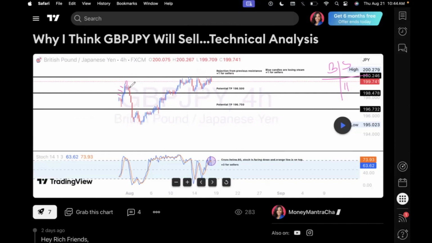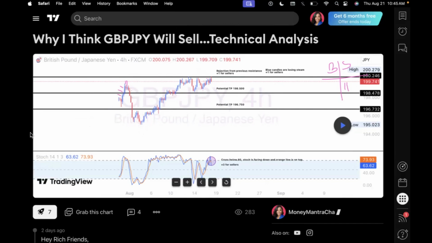We see a weak blue candle, and then the red candles start to pick up steam, making this a really good reversal trade idea. Vice versa, in this little area here, we can see where the transition of power actually happened because the red candles were getting smaller while the blue candles were picking up, which would have made this a good idea for a buy.